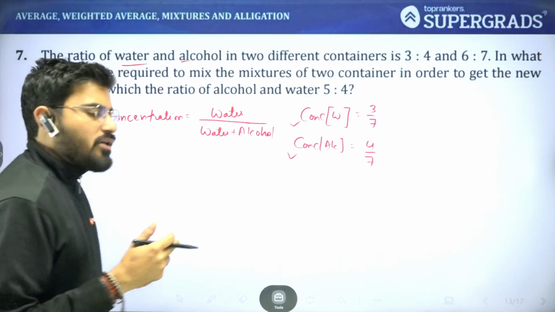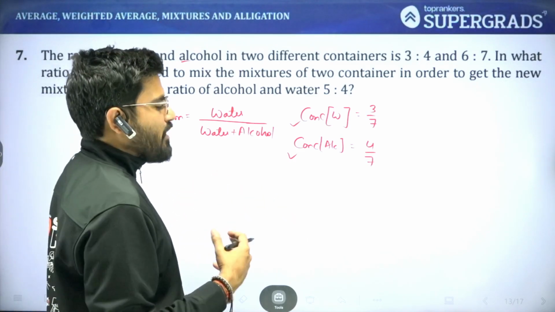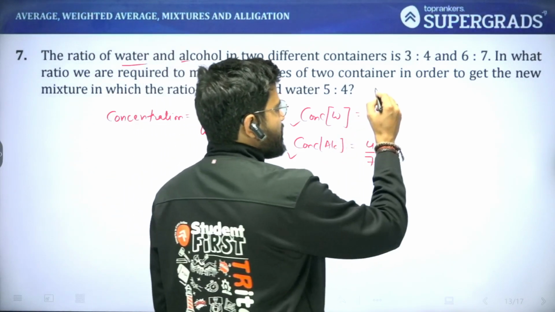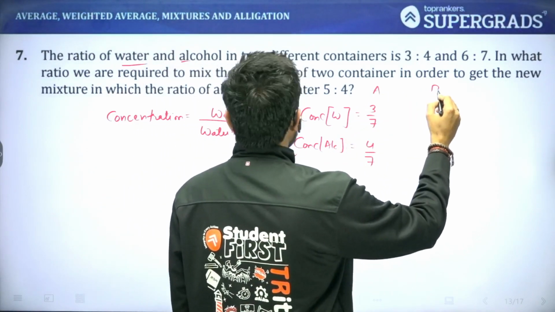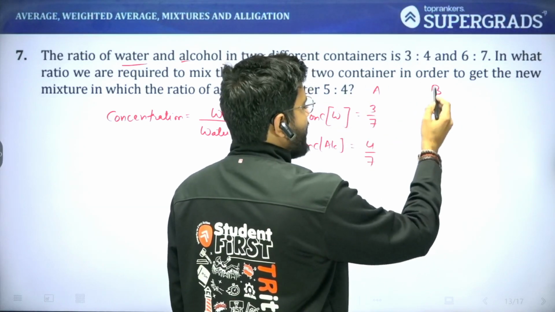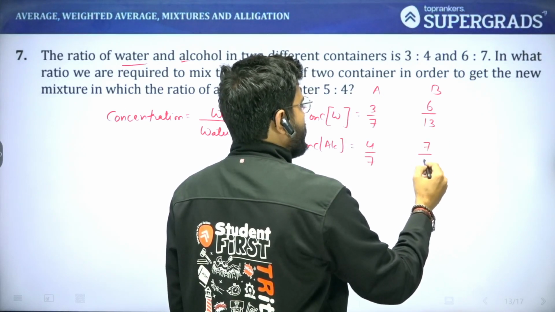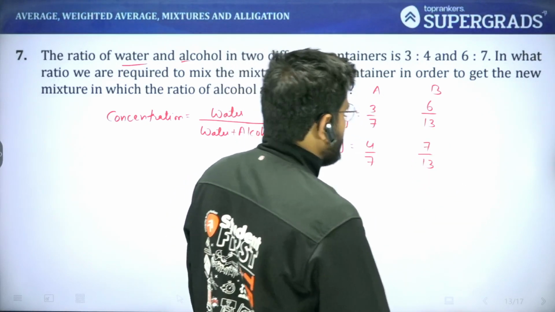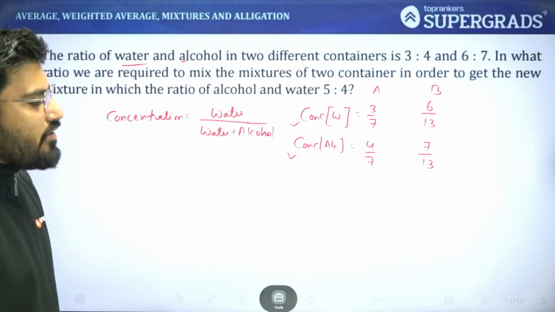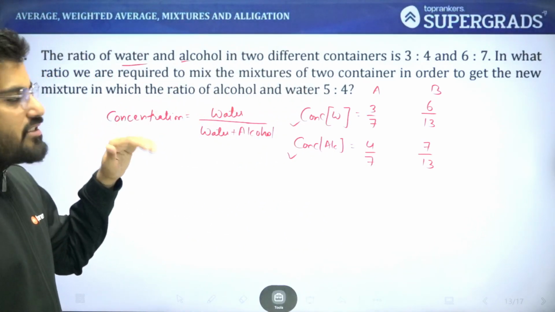If you are going by water, use water everywhere. If you are going by alcohol, use alcohol everywhere. So this is in container A. Let's talk about container B. In container B, it will be 6 upon 13 and this will be 7 upon 13. Got it? So first convert the ratio into the concentration and then solve.